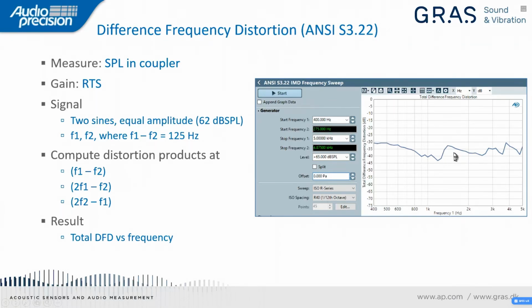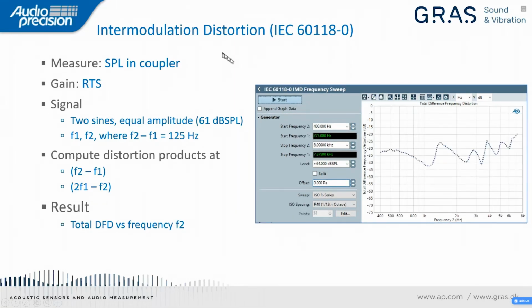In the case of IEC 60118 Part 0, it's called intermodulation distortion, but it's very much the same measurement. Here again, you have 2 sines at equal amplitude. In this case, they're just 1 dB different in level. Here, the frequencies are F1 and F2, where F2 being the higher frequency is greater than F1 by 125 hertz.